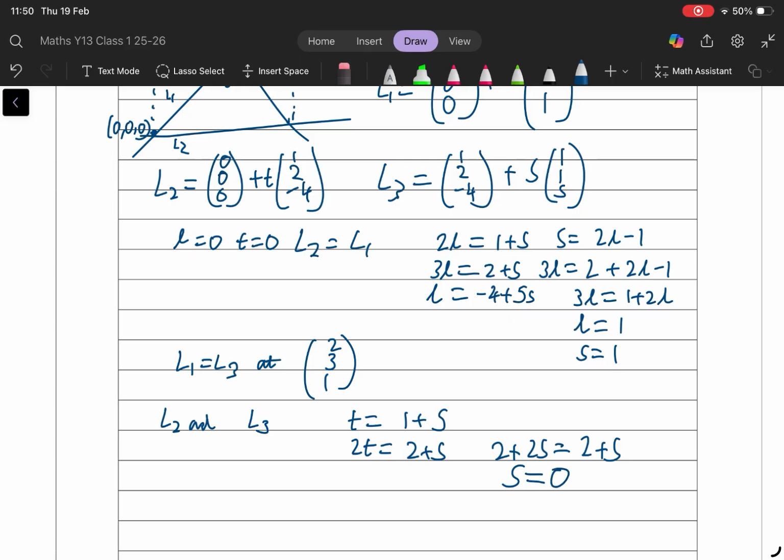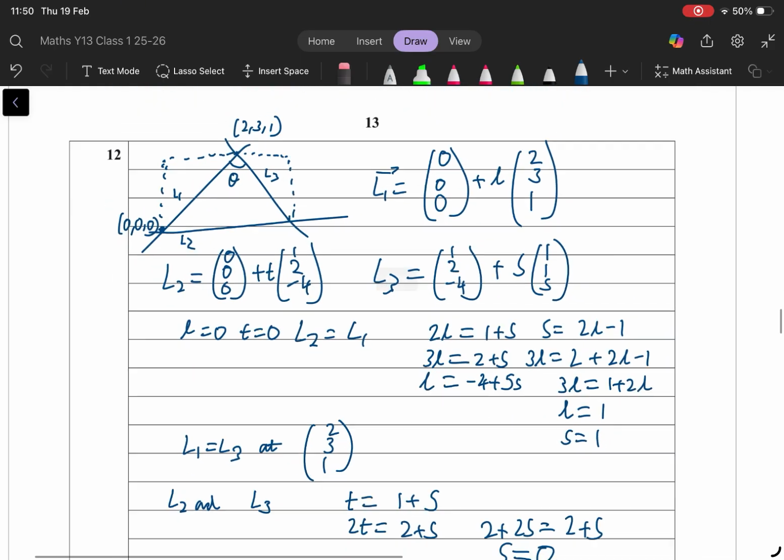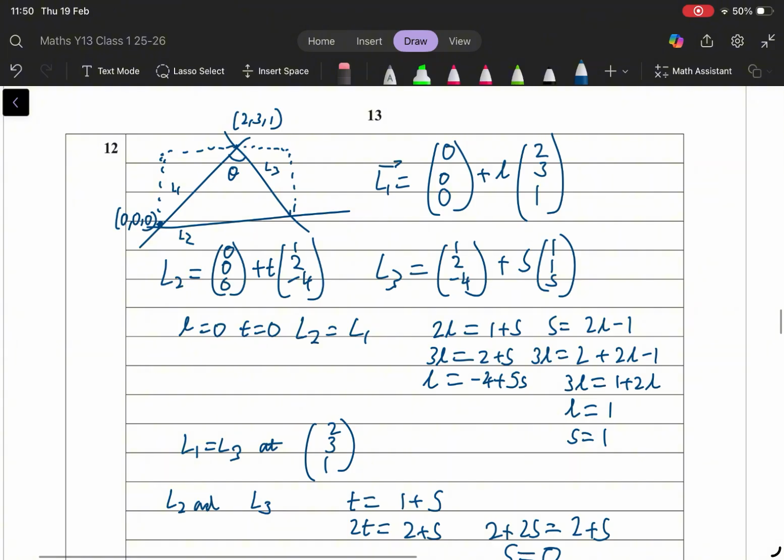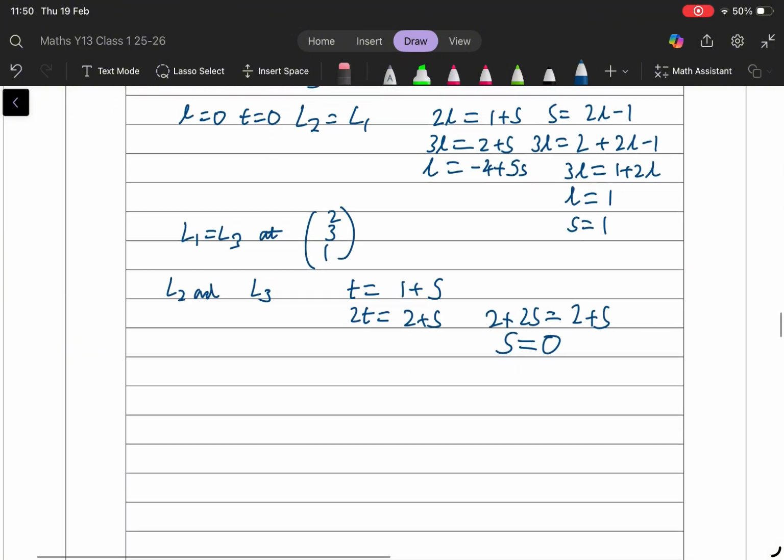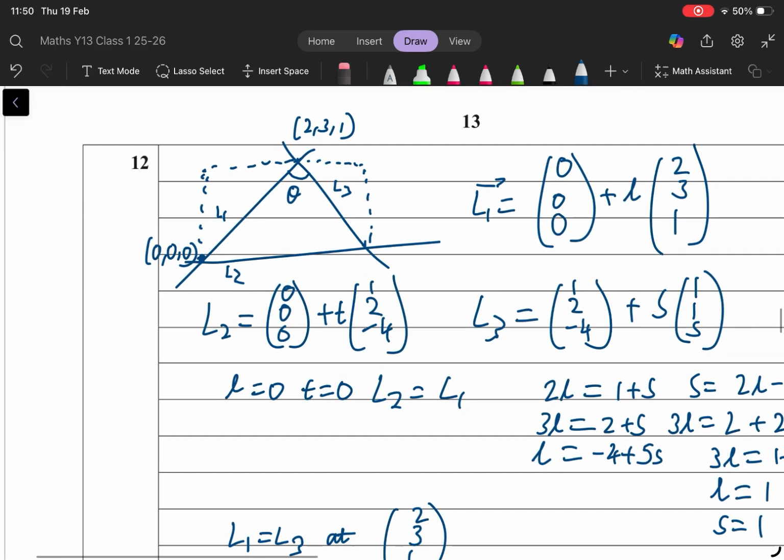Yeah, oh yeah, okay, that makes sense actually. Okay, so s equals 0. I could have just seen that as well. All these actually could get away with not doing any working out, which is kind of crazy for 9 marks. But yeah, so this is going to be (1, 2, -4).